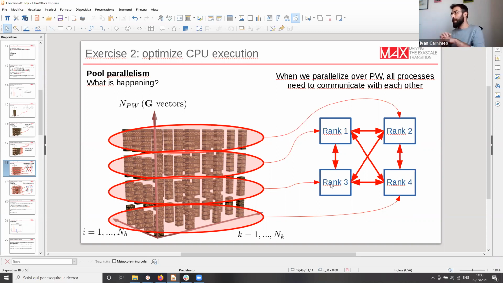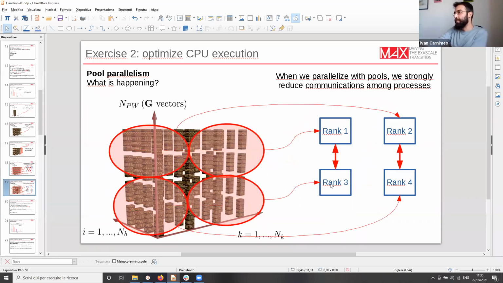The orbitals will be split among the different ranks, the different processes, and so they will need to communicate with each other very much. Otherwise, if I use pool parallelization, I'm still using 4 MPI processes here, so 4 and 4. But what has changed is the way I'm distributing the wave function. Because in this case, yes, I have one single orbital.